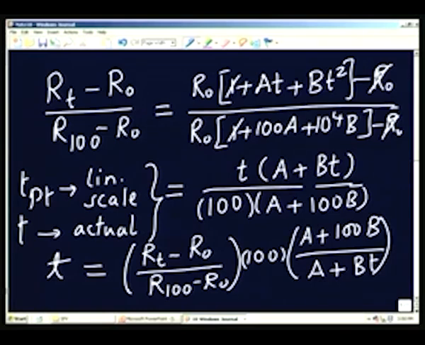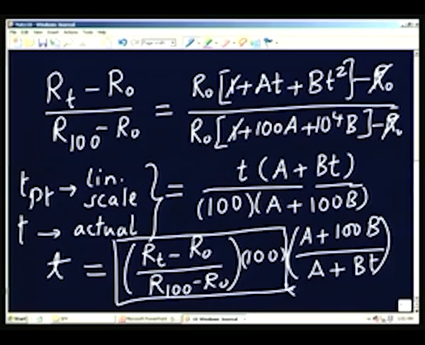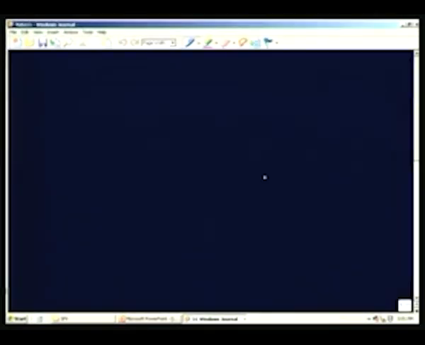Okay. This first factor is actually Tpt, this is your Tpt. So, T is equal to Tpt multiplied by some factor which I want to find out, in terms of the characteristics of the platinum resistance thermometer, that means in terms of A and B.